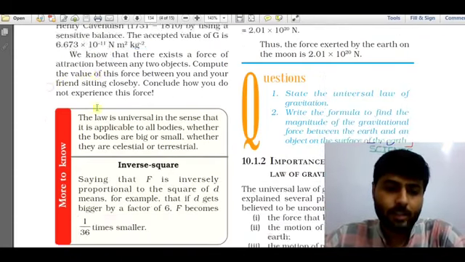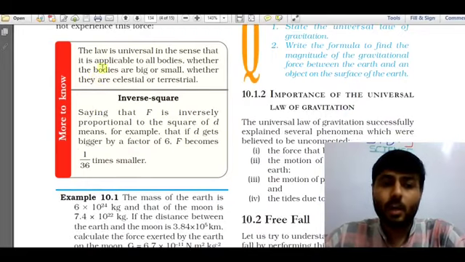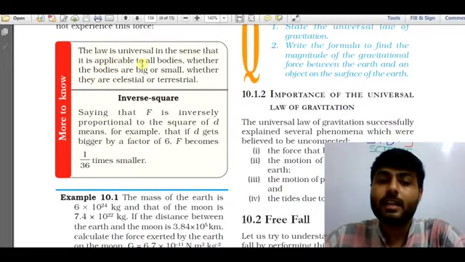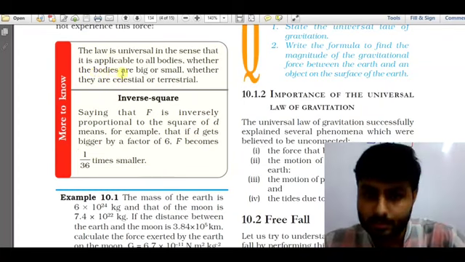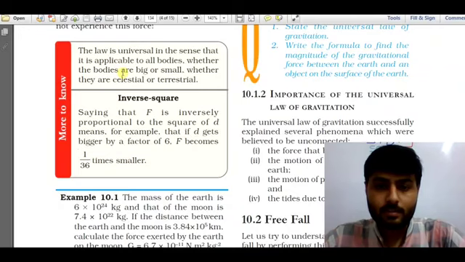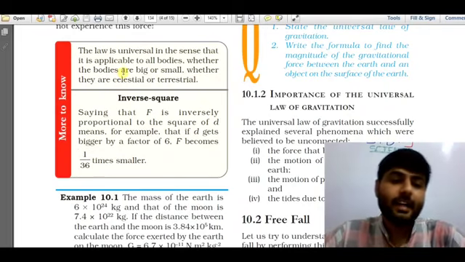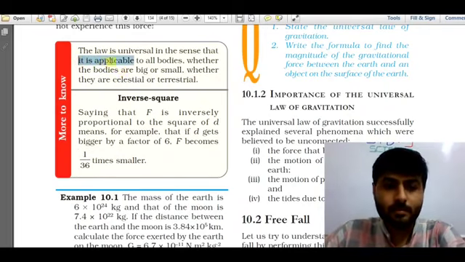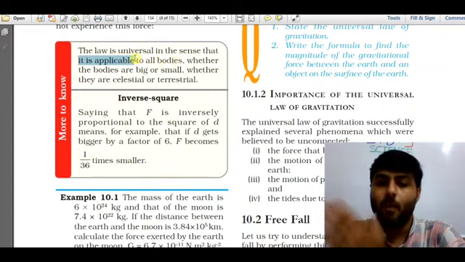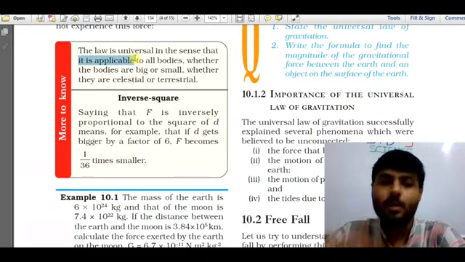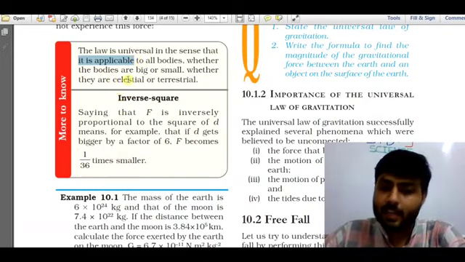Here we have information. The law is universal in the sense that it is applicable to all bodies. As we discussed at the start of this lecture, universal means it is applicable to all bodies, whether the body is big or small, or the body is celestial or terrestrial.